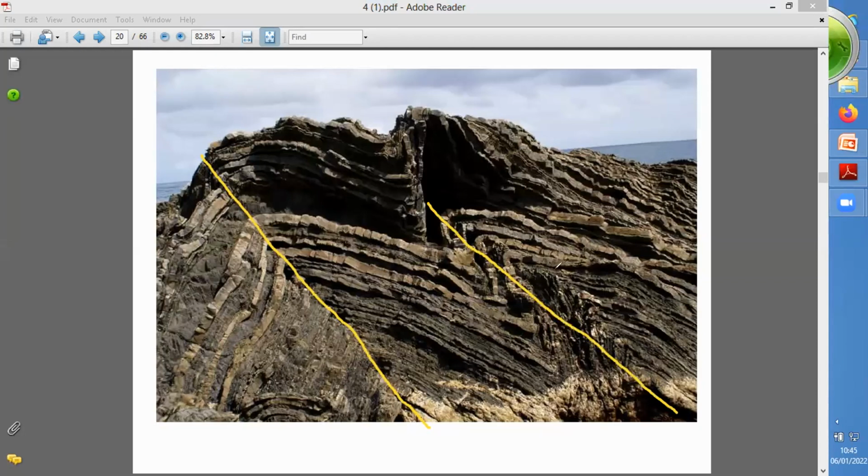Okay, the dip angle is also variable. Now how it is variable, I will show you here. Now when you look here, this angle and this angle, these are the variable angles. That's why the angle is not the same. That's why it is an asymmetrical type of the fold.